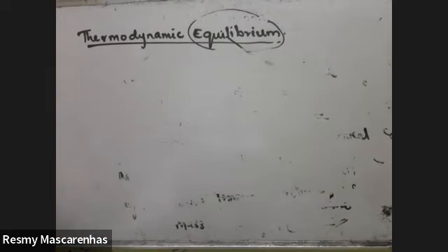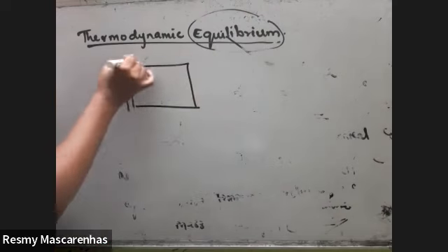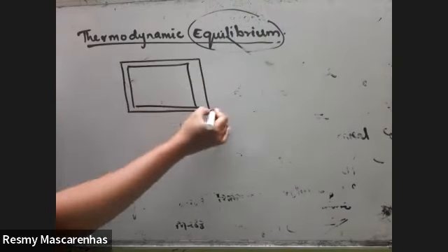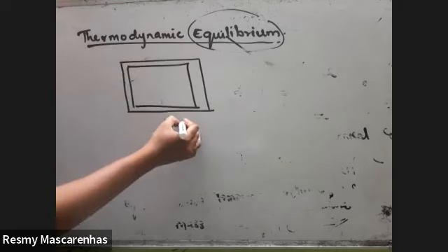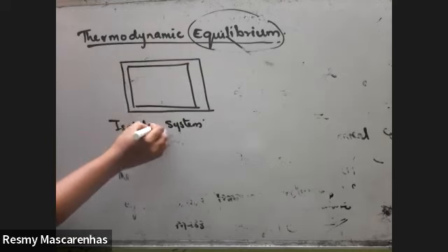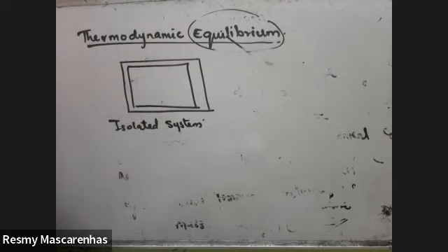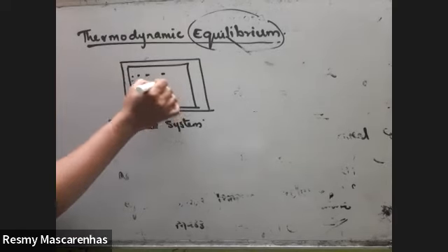Just now I told you what an adiabatic wall is. First, take a box which is surrounded by one. This is also called a system. You can also call it an isolated system. There is some substance inside.